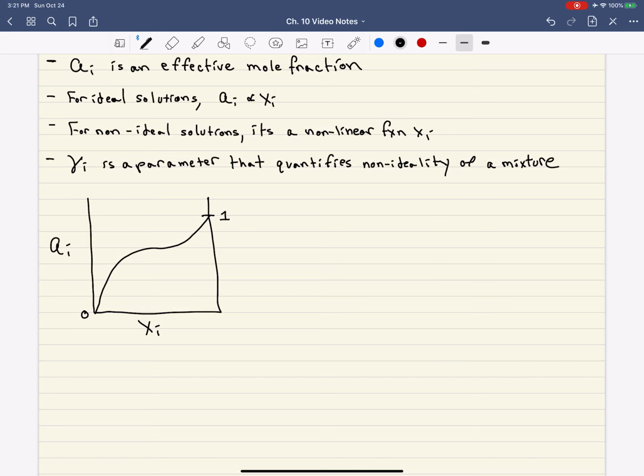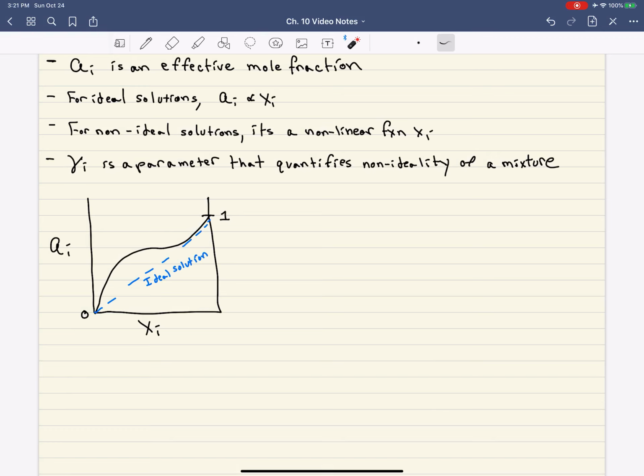The way to think about this plot is that if you had an ideal solution, you would just expect a straight line like this. But with a real, non-ideal solution, you see that it deviates from that straight line. As I mentioned before, in the limit that x_i goes to 1, your activity should also go to 1.